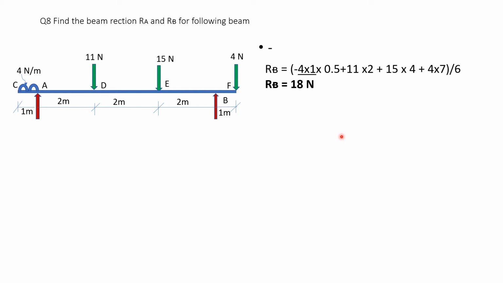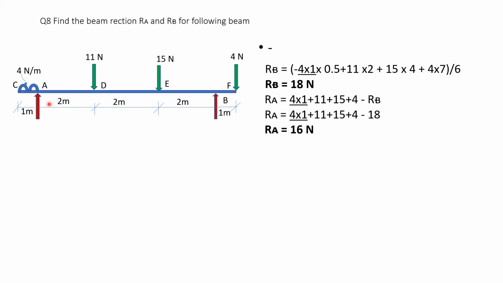Now how to calculate RA? While calculating RA, going down we take it positive, so RA is equal to, now for the UDL it is acting on 1 meter span, 4 into 1, this is the equivalent point load. Then next force is 11 plus 15 plus 4, all of them going down, so positive, RB going up, negative.